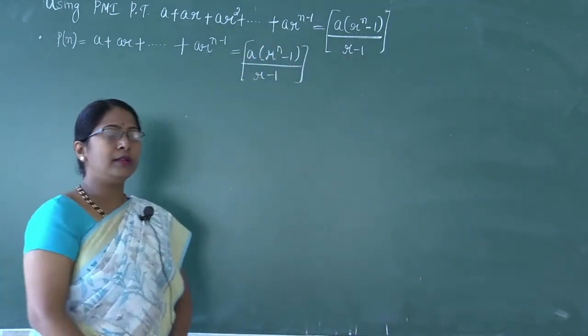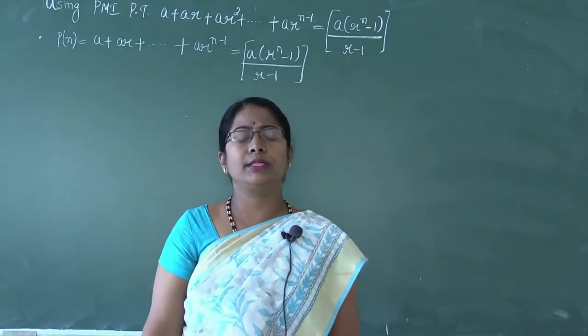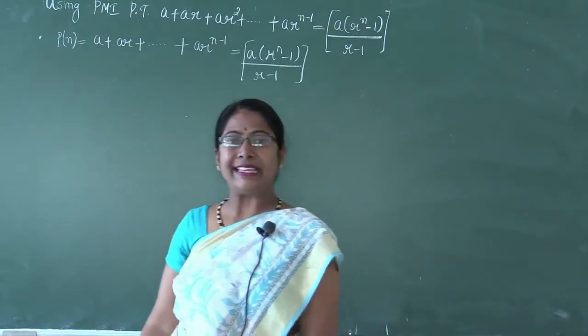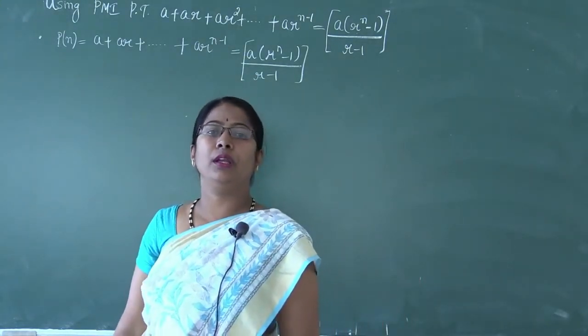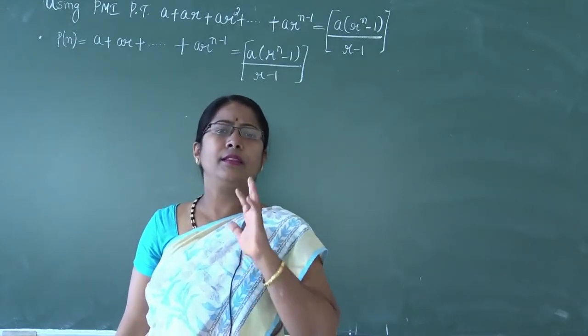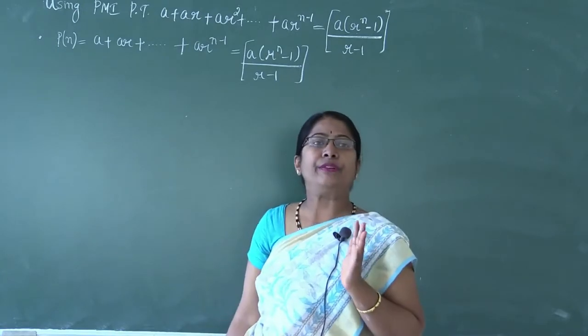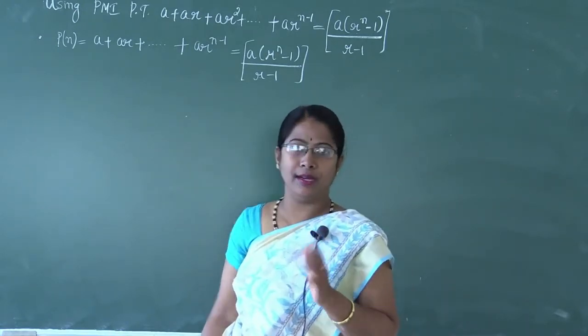This is all about denoting the statement by P of n. What is the next step? Assume that the given statement is true for n equal to 1. Wherever there is nth term on the LHS and RHS, you will substitute the value n equal to 1 and check whether LHS is equal to RHS.